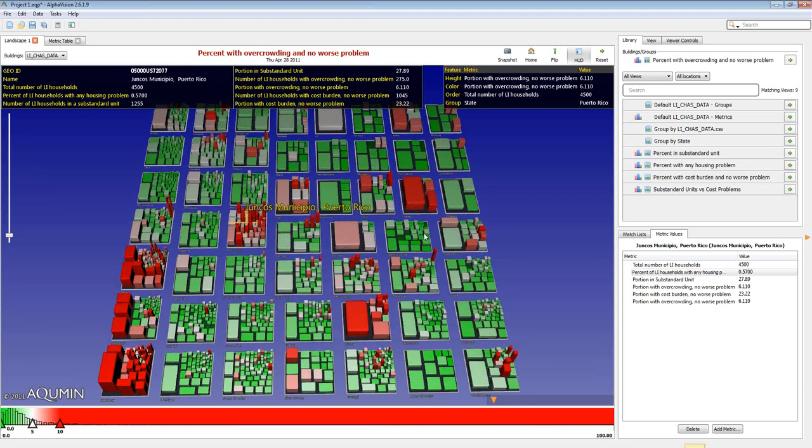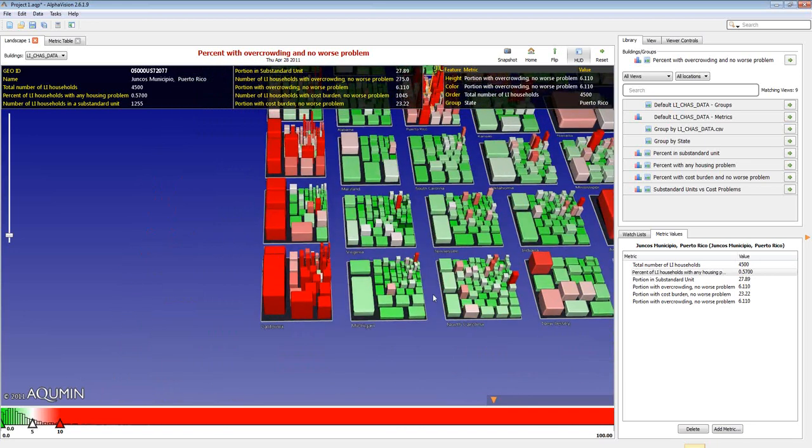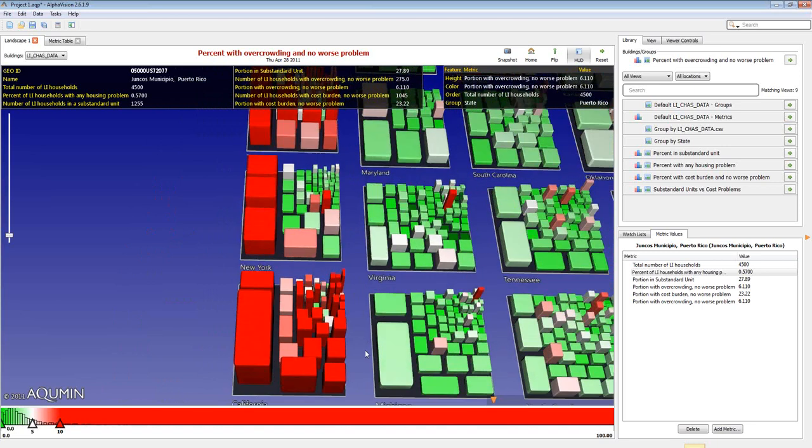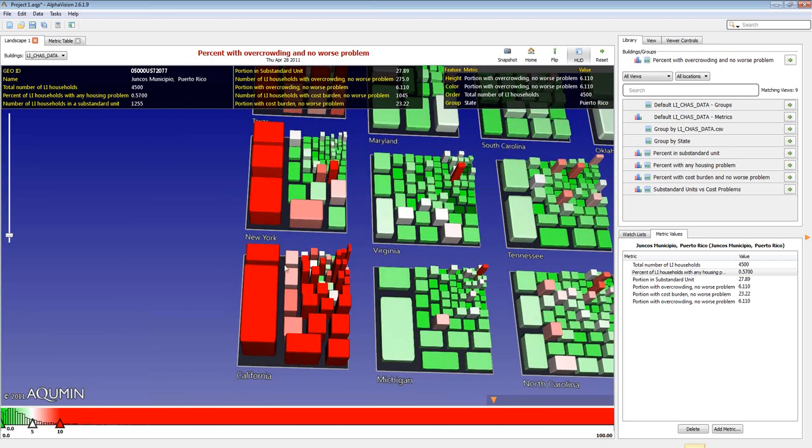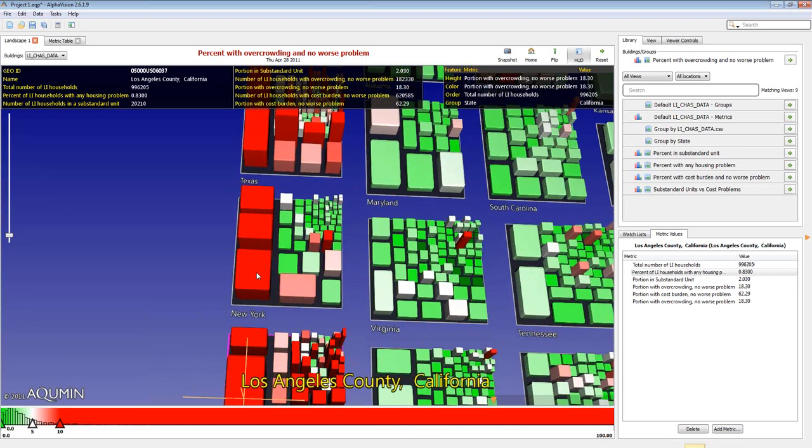However, it does tend to be concentrated in some pretty key areas. California, certainly. Almost all counties of California tend to have overcrowding as a pretty major problem. New York, large areas of New York, Kings County, Bronx County, Queens County, to a slightly lesser extent New York County, tend to have overcrowding as a serious problem.